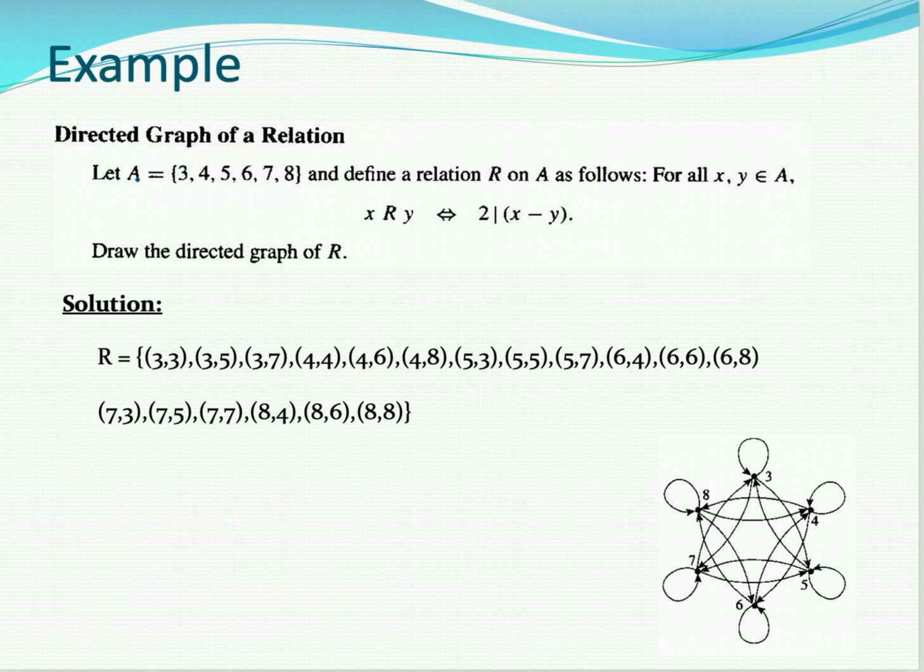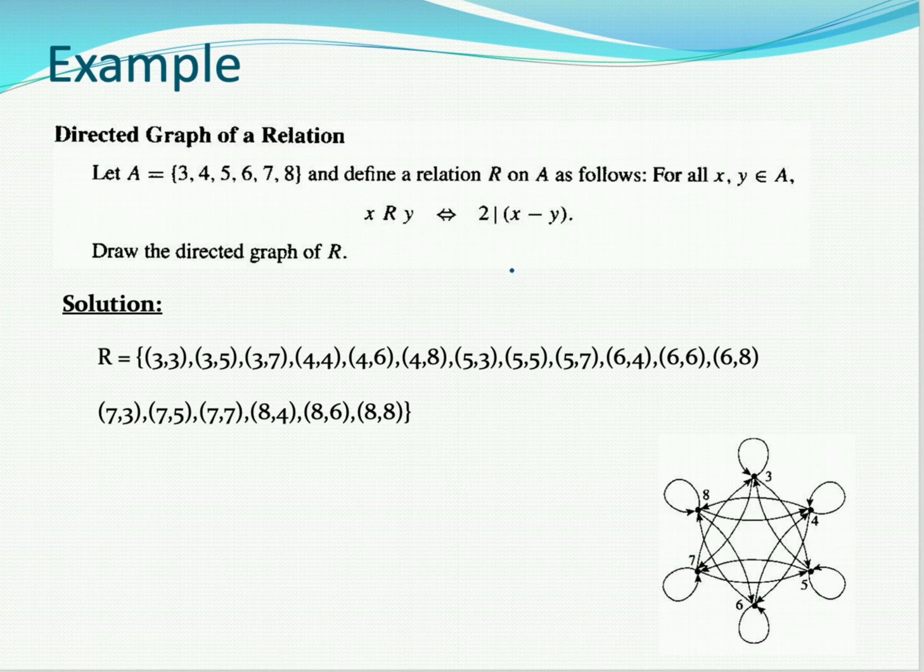Right, so this is the example here. Let A be the set with elements 3, 4, 5, 6, 7, 8 and define a relation R on A as follows, for all X, Y in A. X is related to Y is defined by this relation: 2 divides X minus Y. So draw the directed graph of R. First things first, you need to find the pairs of this relation.